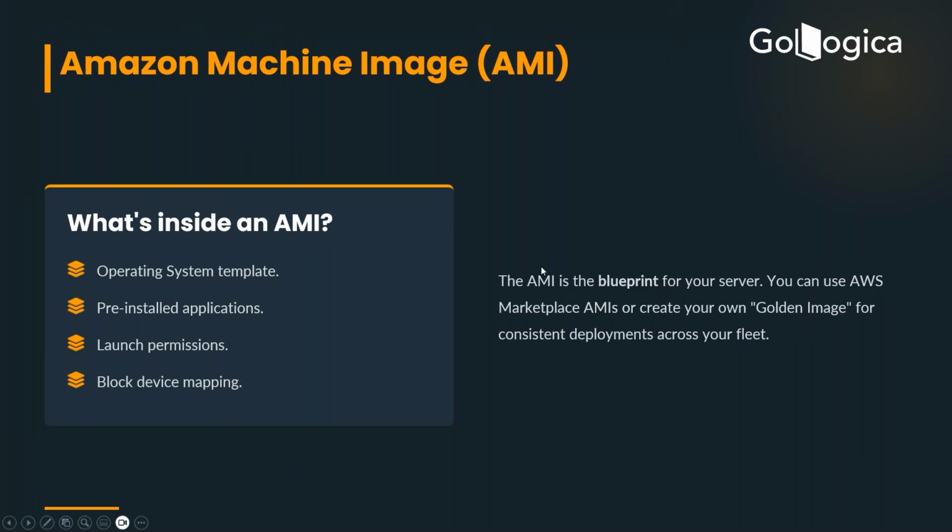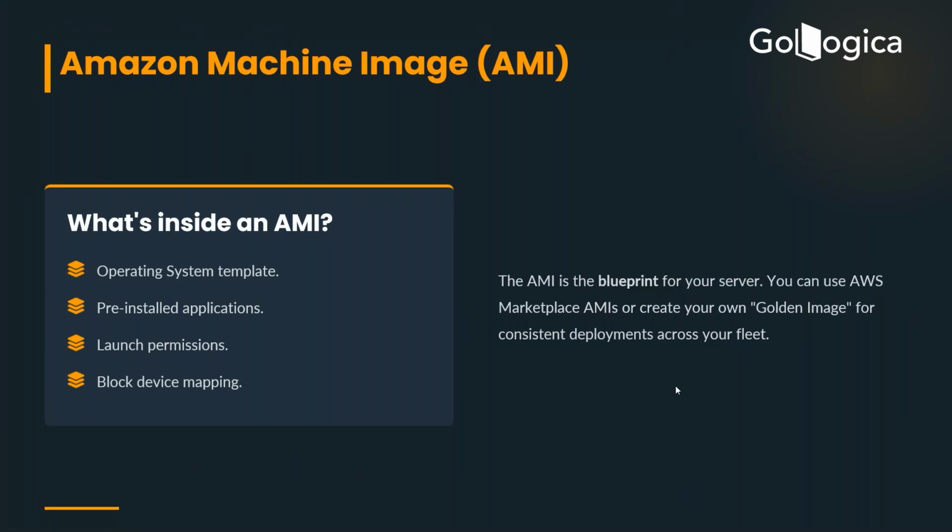So these are like the blueprint for your server, and you can use marketplace AMIs or create your own. You can also use the golden image, the one that we are actually creating. We call it a golden image for consistent deployments across your fleet. To create golden images, that is custom AMIs, we have AWS Image Builder, which is a service.